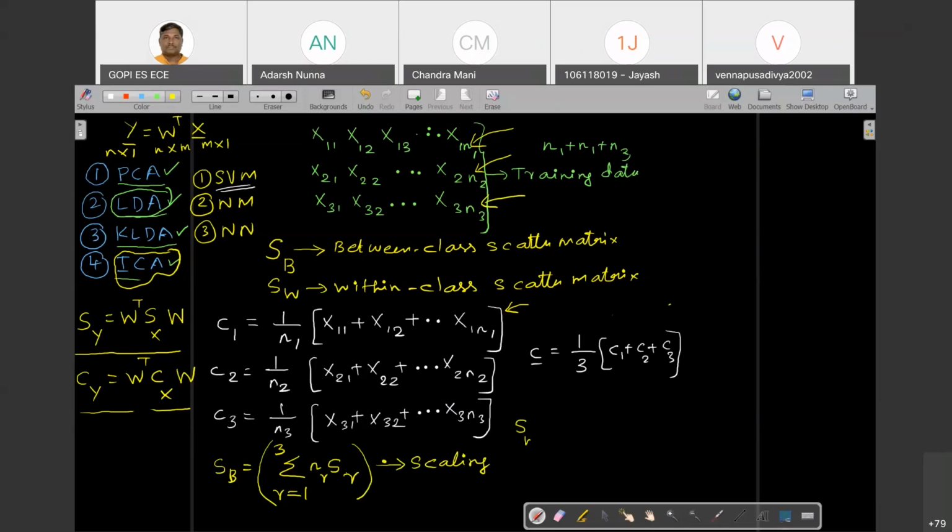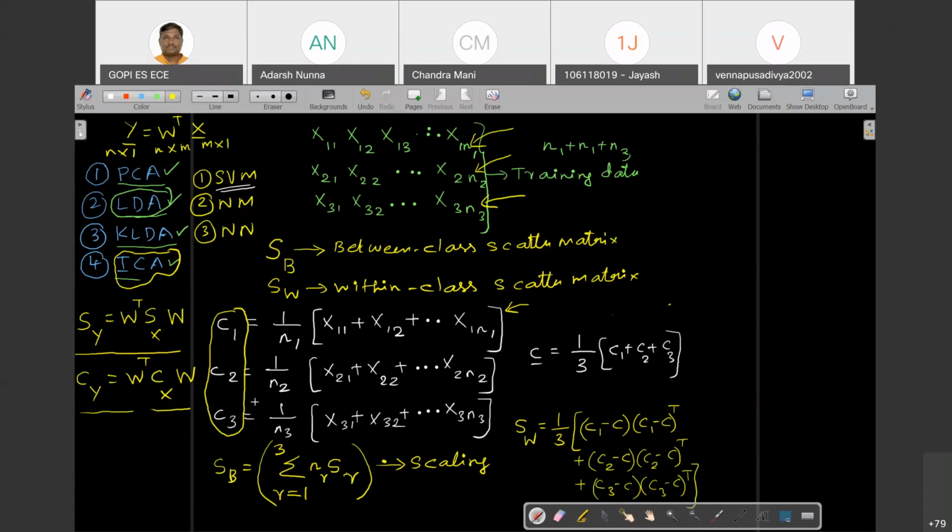The between class scatter matrix is the scatter matrix computed for the centroids we already computed. Using C1, C2, C3, we do the scatter matrix. It is like 1 by 3, right? C1 minus C into C1 minus C the whole transpose, exactly like what we did in the previous PCA problem, plus C2 minus C into C2 minus C the whole transpose, plus C3 minus C into C3 minus C the whole transpose.